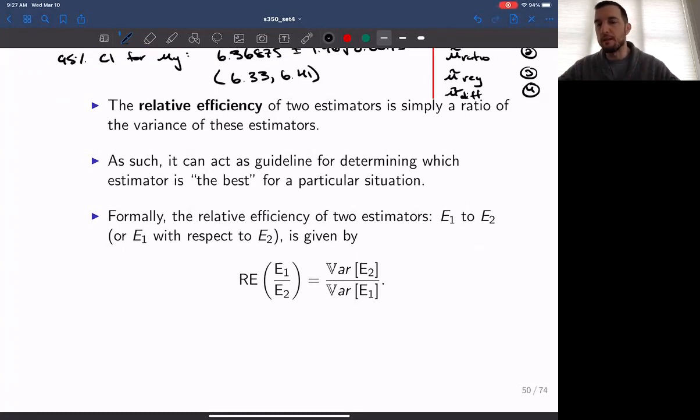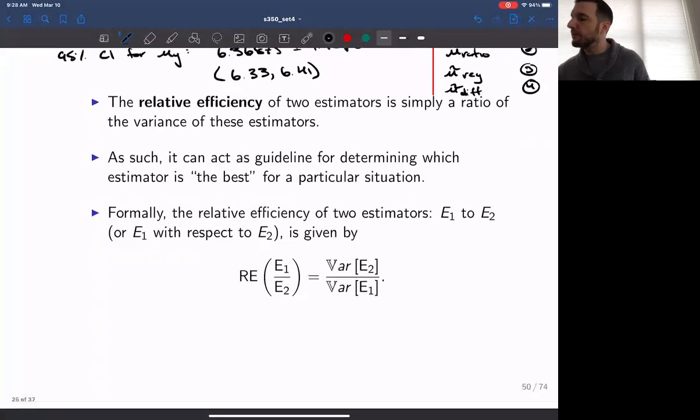So if I have the variance of mu tilde SRS, and the variance of mu tilde ratio, and I divide the variance of mu tilde SRS by the variance of mu tilde ratio, and that value is equal to 1, that is saying that those 2 estimators are acting in the same way. They are as precise, or they both share the same amount of precision, if you will.